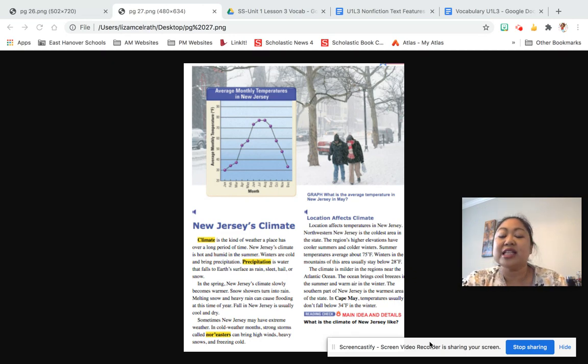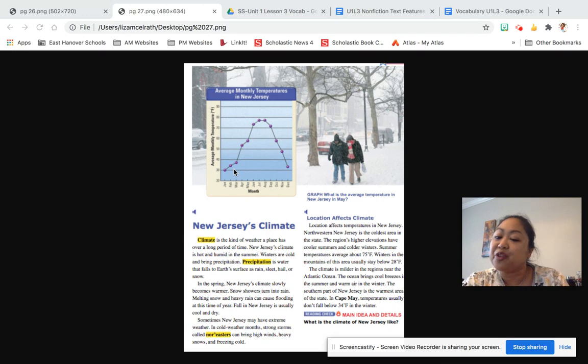Okay, let's look up at the graph because that graph is what you're going to use to help you with your next activity. So the graph up top here, it says, what is the average temperature in New Jersey in May? Now, this is a certain type of graph.